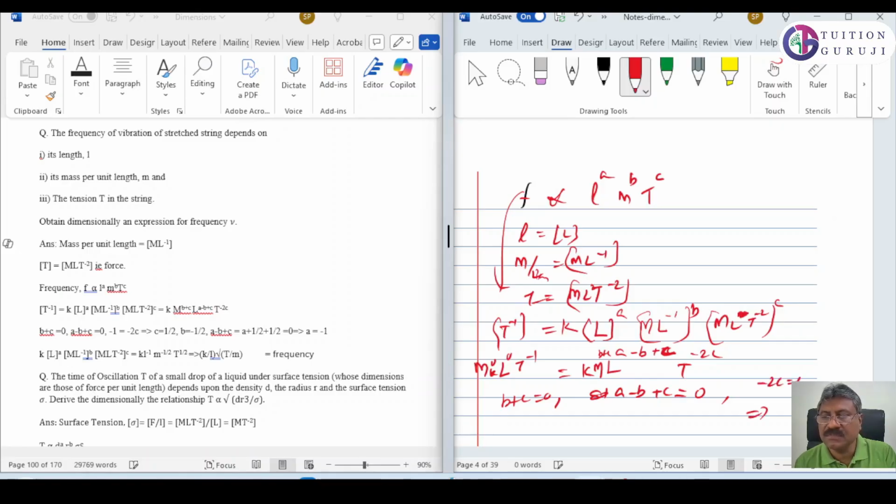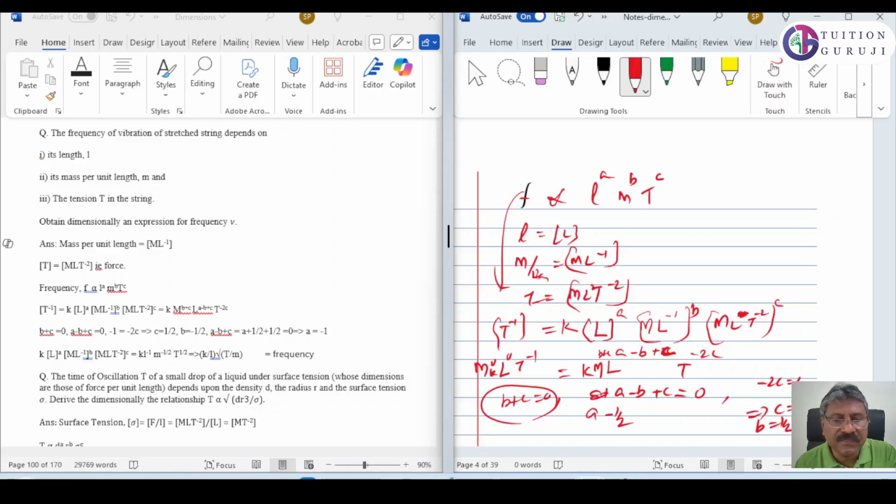Again, minus 2c is equal to 1, which implies c is equal to minus 1 by 2. If c is equal to minus 1 by 2, b is equal to half. Okay, then if you substitute here, a minus b, then b, what will be?